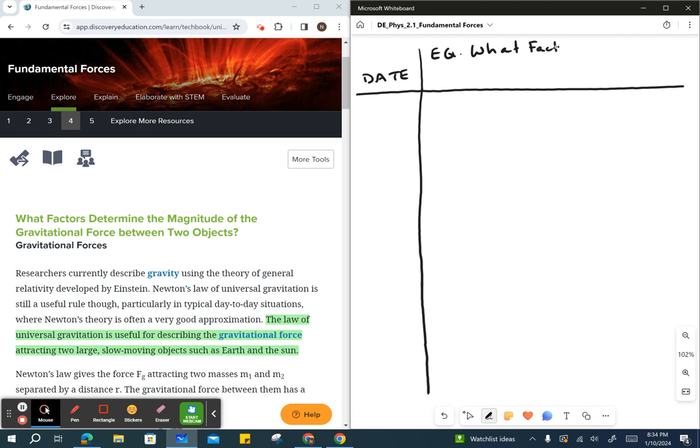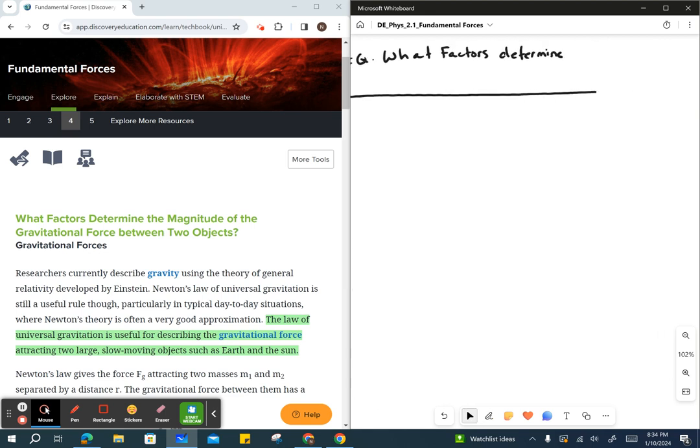What factors determine how strong the gravity is, right? The magnitude, the strength.